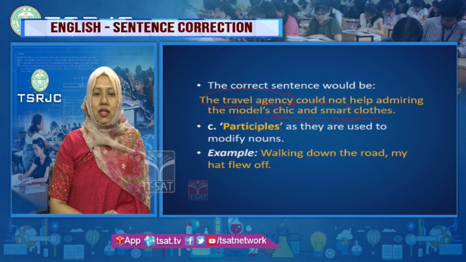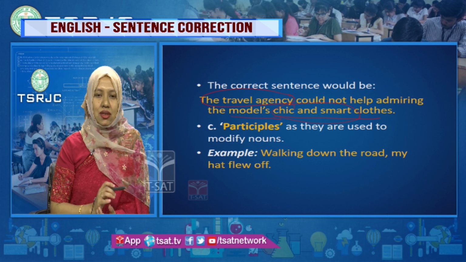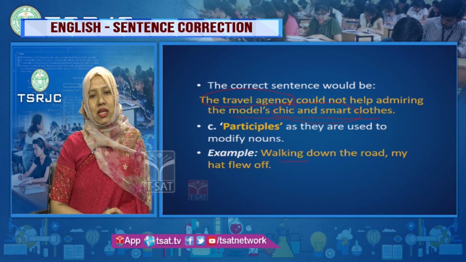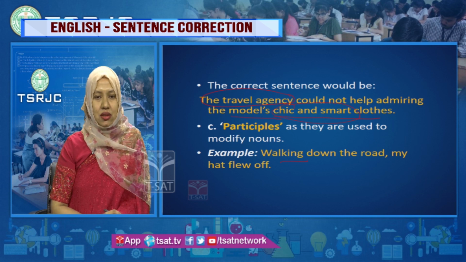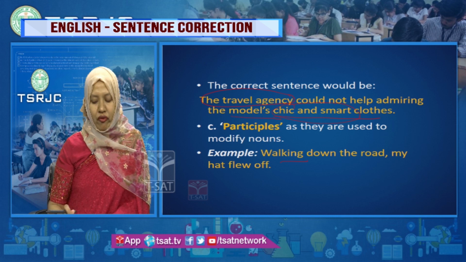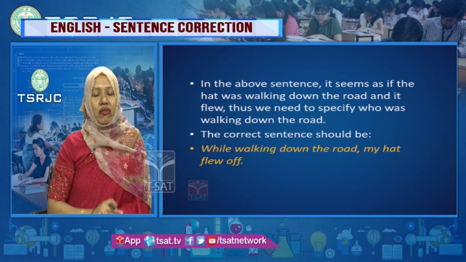Now, participles are also called gerund. If a sentence or a subject starts with ing form, it is called participle or gerund. Walking down the road, my hat flew off. If you read this sentence, what does it mean?